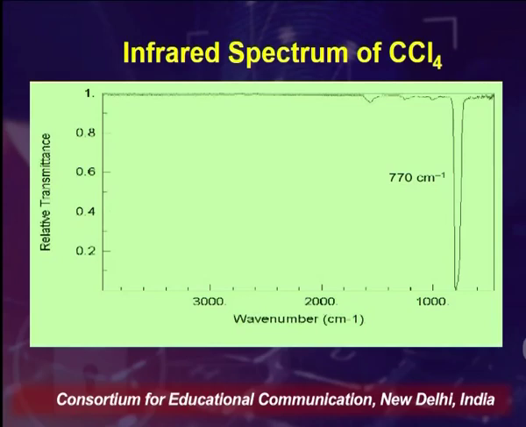Comparing it with the database, if a peak comes at 770 cm⁻¹, then it belongs to the molecule CCl4. The vibrations of the molecule are such that in the IR spectrum the peak comes particularly at 770 cm⁻¹.